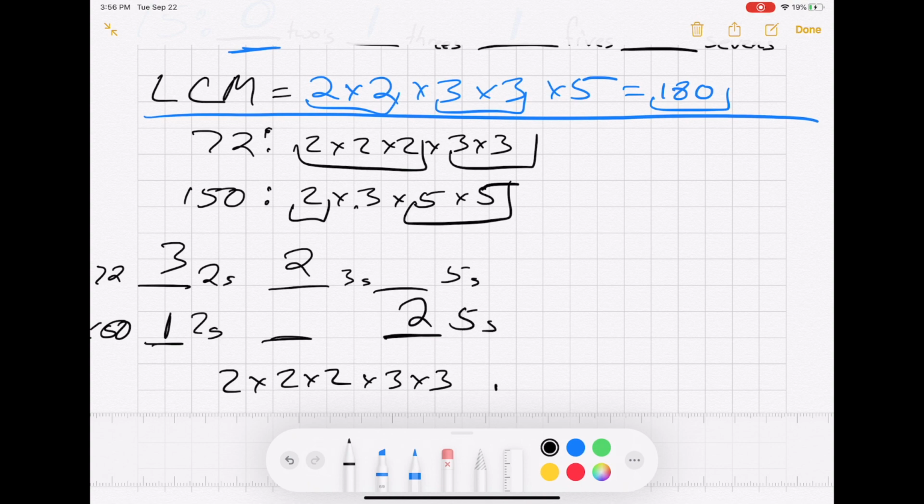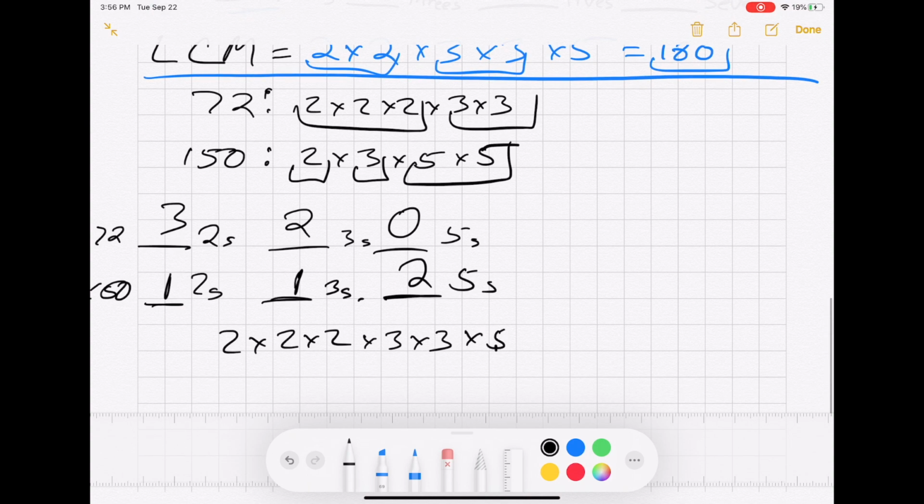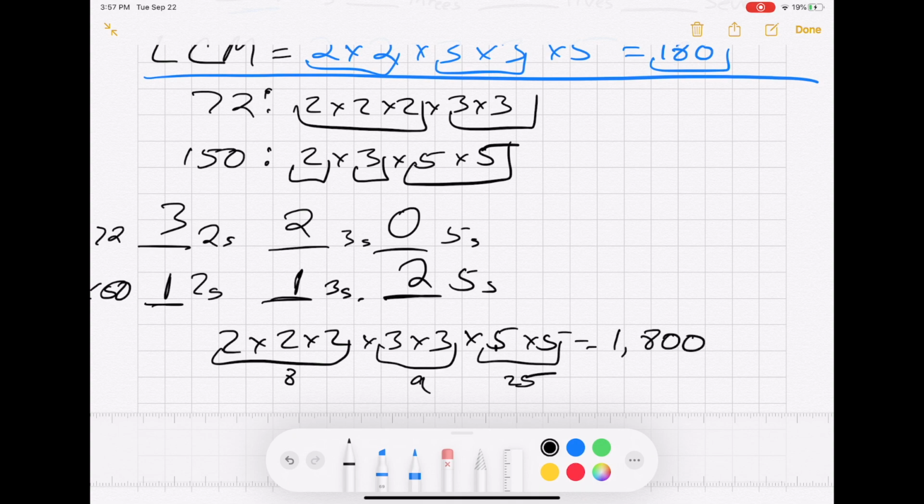I already matched the 1 3 here, and so I'll add on the 2 5s there. Okay, then when you multiply this out, 2 times 2 is 4, times 2 is 8, this is 9, and this is 25. 25 times 8 is 200, and then 200 times 9 would be 1,800.